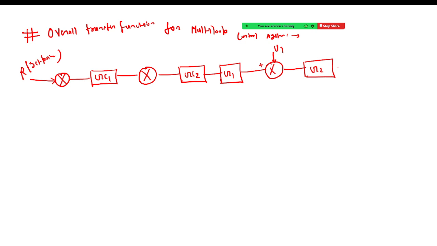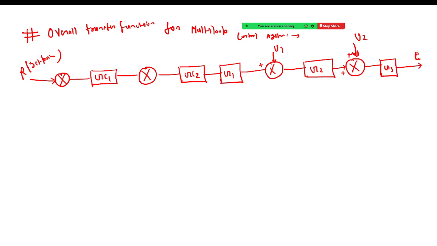This is a bit complicated, but don't get scared. I'll solve this. And this one is U2, right? This is positive. This is positive. This one is G3.